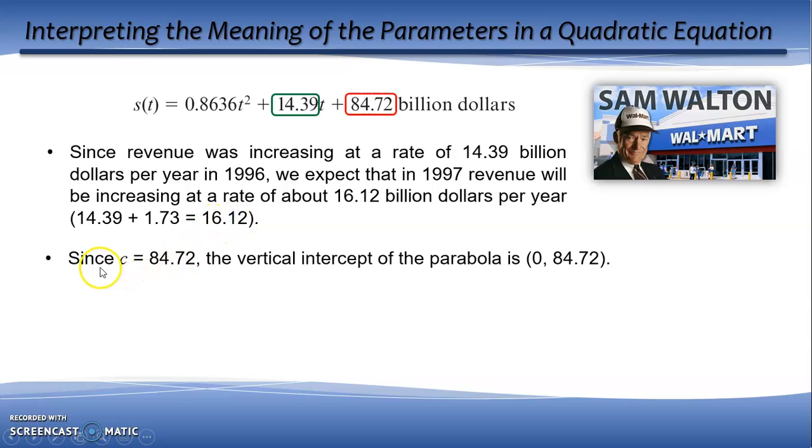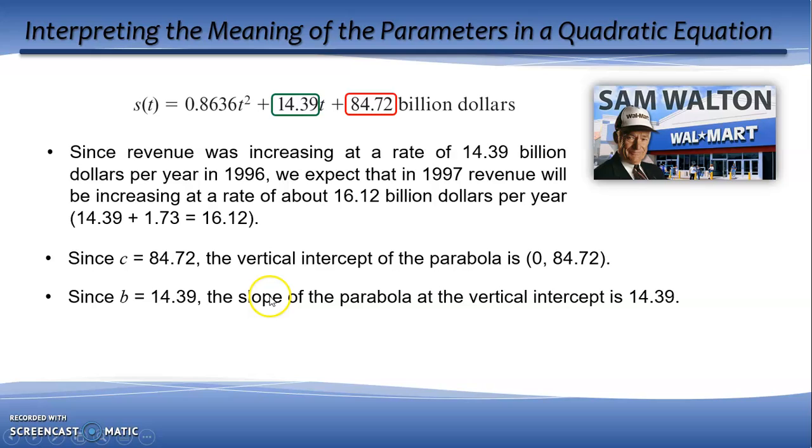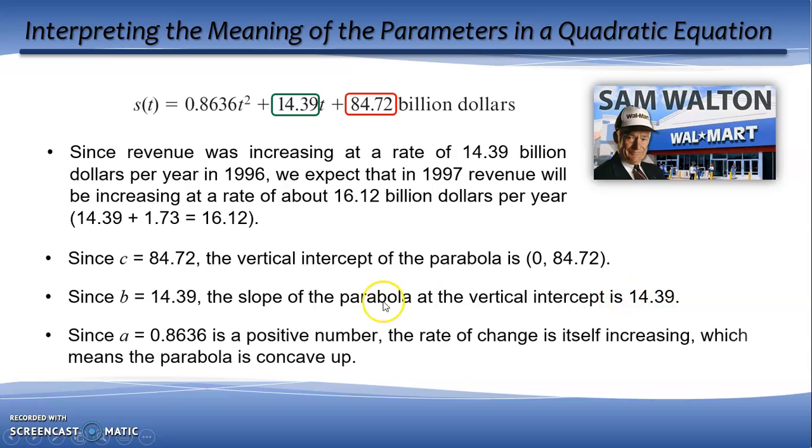Since c is 84.72, the vertical intercept of the parabola is (0, 84.72). Remember, the initial value is when t is 0. If t is 0, it's going to be (0, 84.72). So our initial value is 84.72. b is the slope, which is the rate of change of the parabola at the vertical intercept, and it is 14.39.